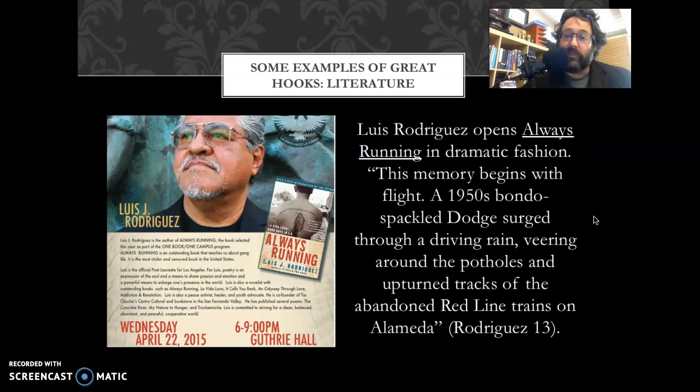Some great examples of hooks in literature. Always Running by Luisa Rodriguez opens with, "This memory begins with flight. A 1950s Bondo Spackle Dodge surged through a driving rain, veering around the potholes and upturned tracks of the abandoned Red Line trains on Alameda."